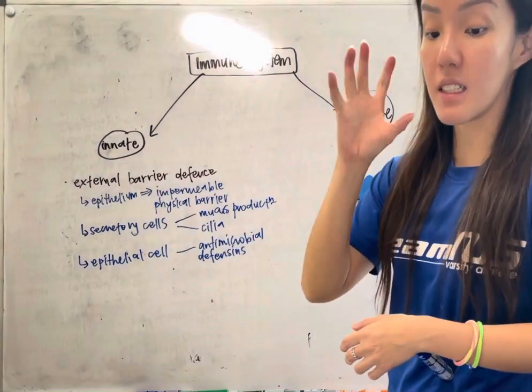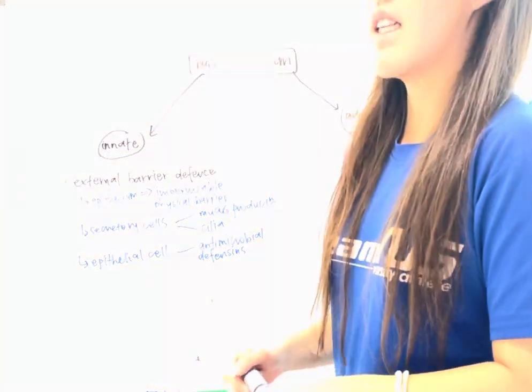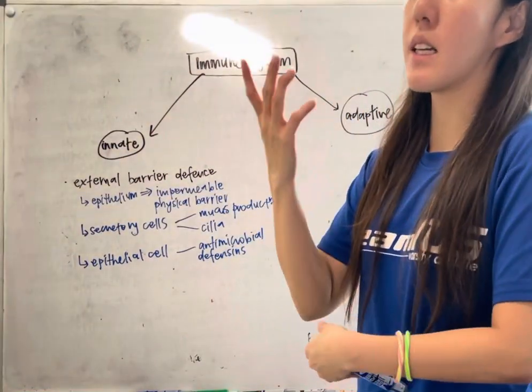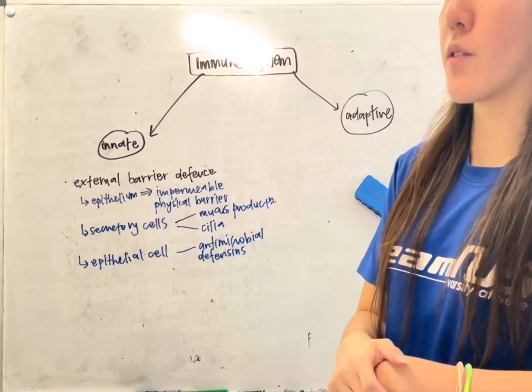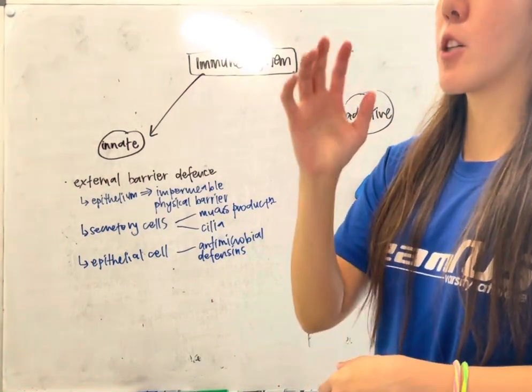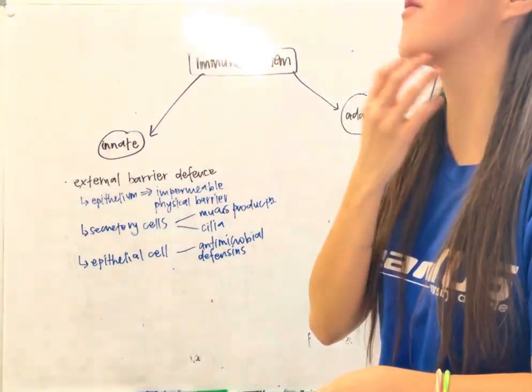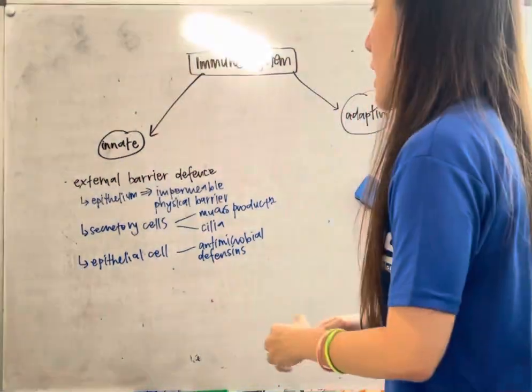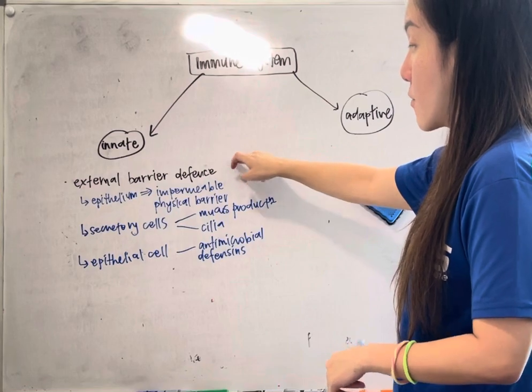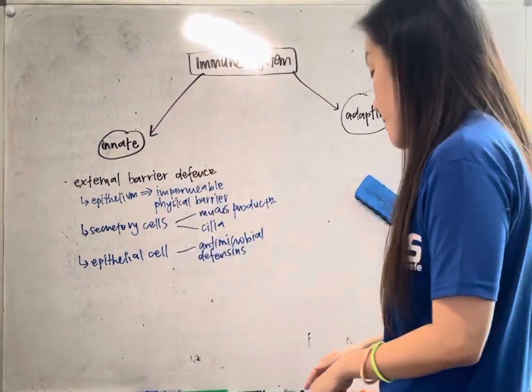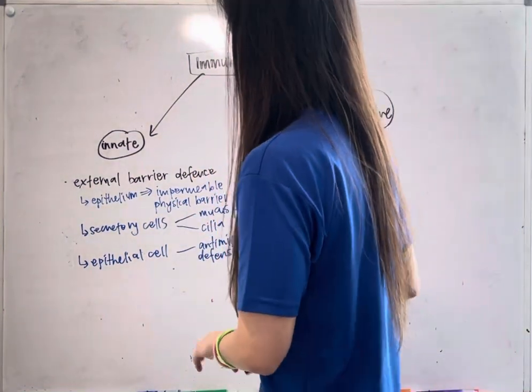So they are just anti-chemical substances. And then lastly, sometimes you can say your epithelia also provide a mechanical barrier because you can expel your pathogens via cilia or induce coughing. So that's why we always have coughing. So this is the first one, your external barrier defense. Always think about these three things. If you want to elaborate, these are things you can look out for.